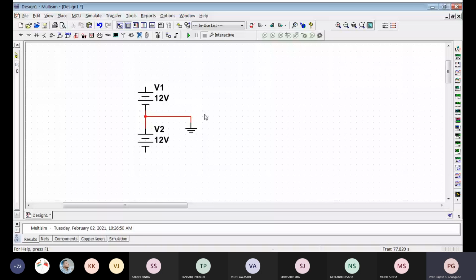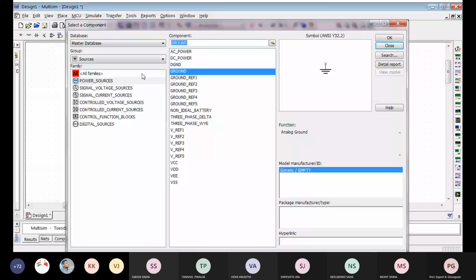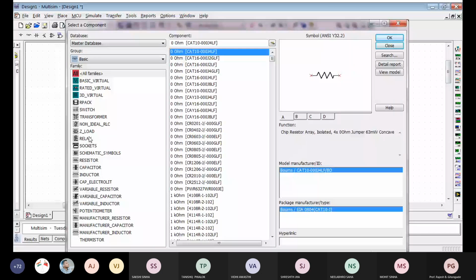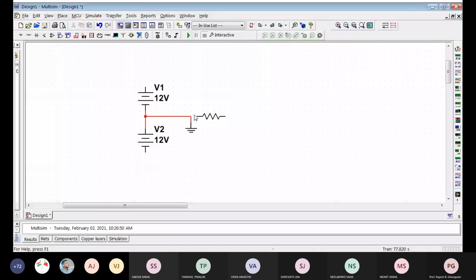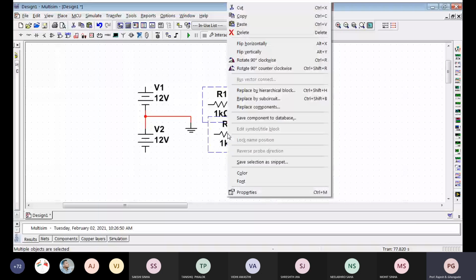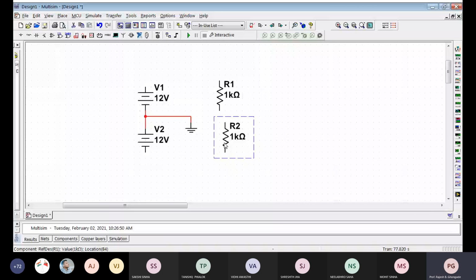Now if I measure the voltage, let us place some resistors there so that I can easily find out the voltage across them. I'll connect it here. This I'll connect here, and this I can connect like this.